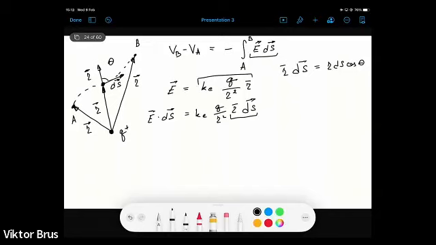That will be nothing else than the projection of the displacement vector on the direction defined by unit vector R. So this will be dr.